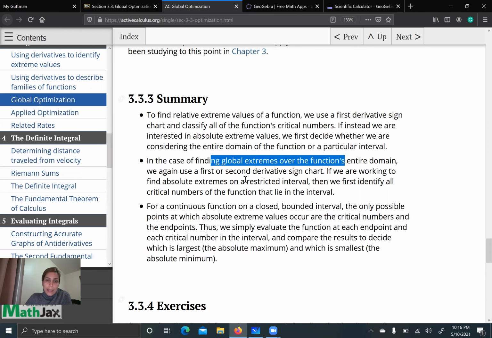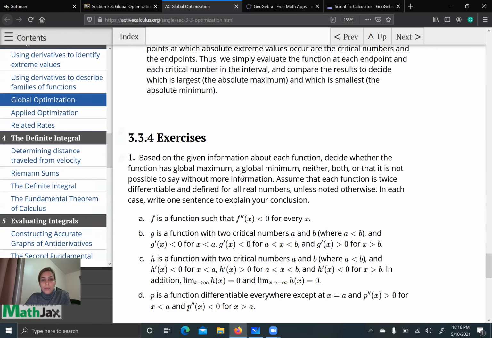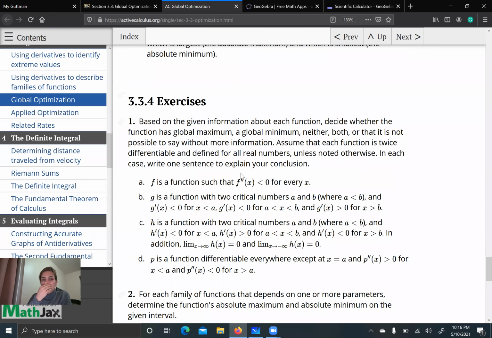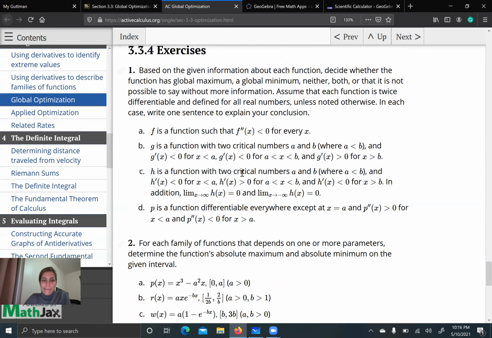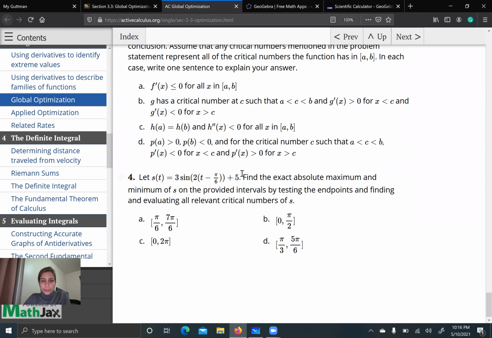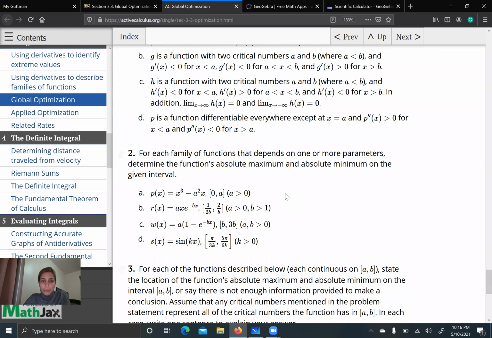Then we introduced the extreme value theorem, and then we showed an example of how to use the approach to find the absolute extreme values. Let me find a good example. What is a good function?